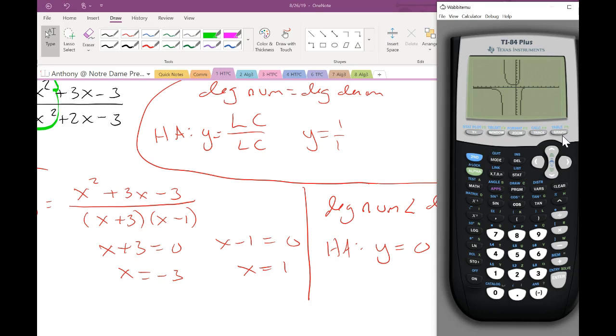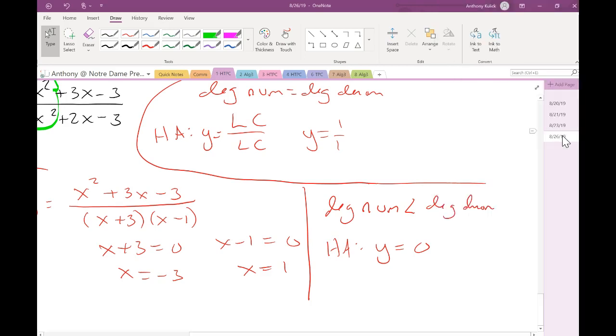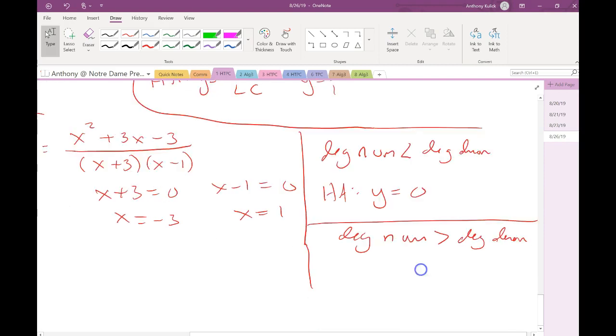Do you remember what happens in the third situation, where the degree of the numerator is greater than the degree of the denominator? This is the one where you get the slant asymptote or oblique asymptote.